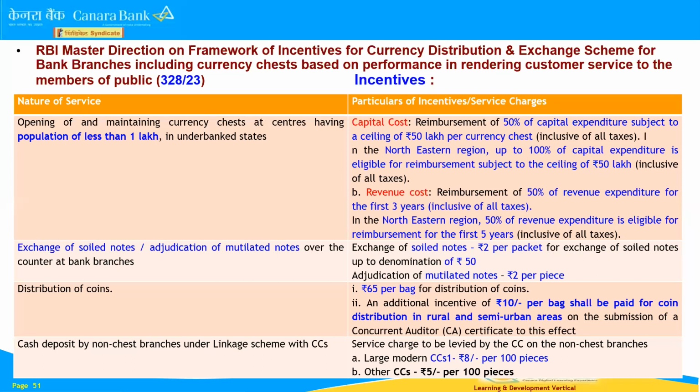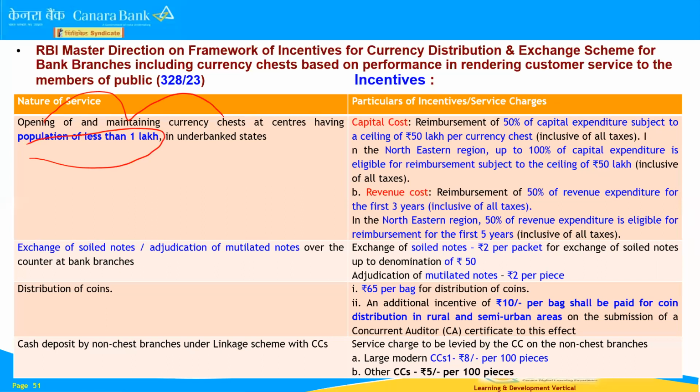RBI master direction on coins, distribution of coins. This is a little bit important circular. Any bank investing in a currency chest, and most important is population less than 1 lakh, opening or maintaining a currency chest.